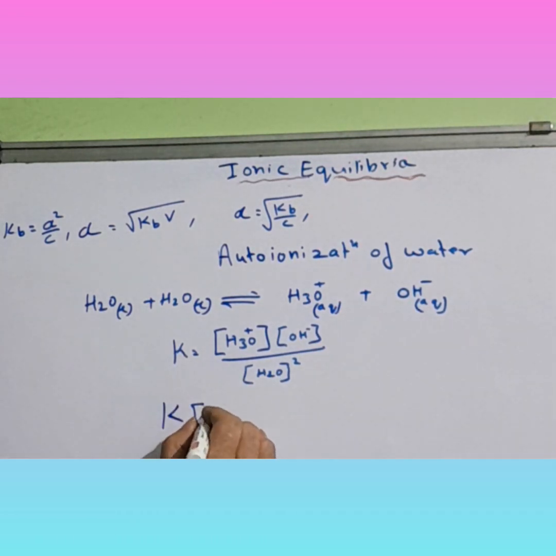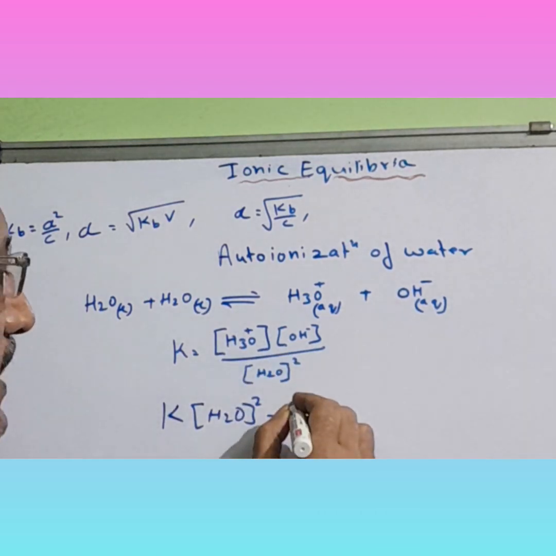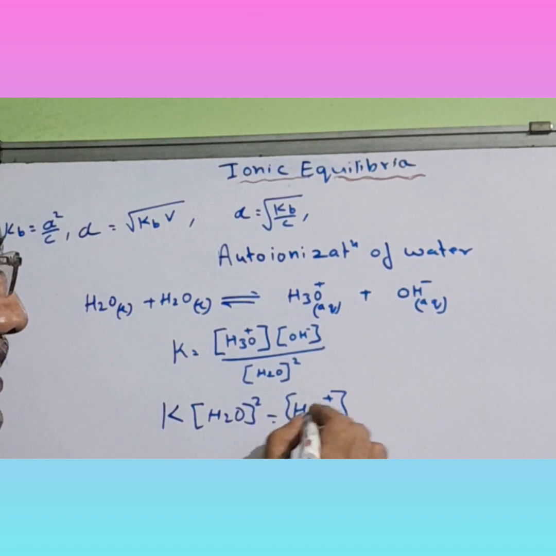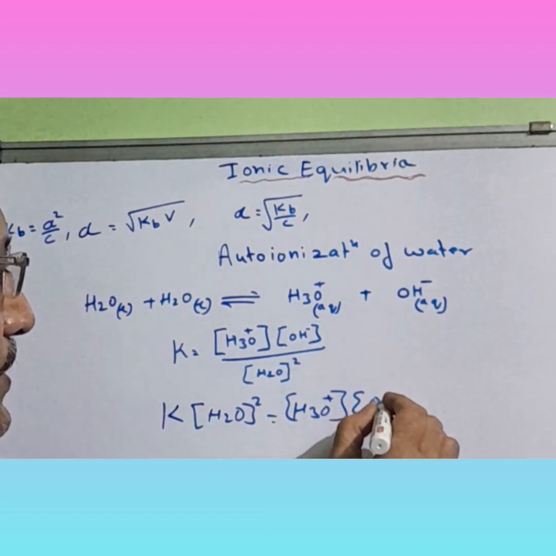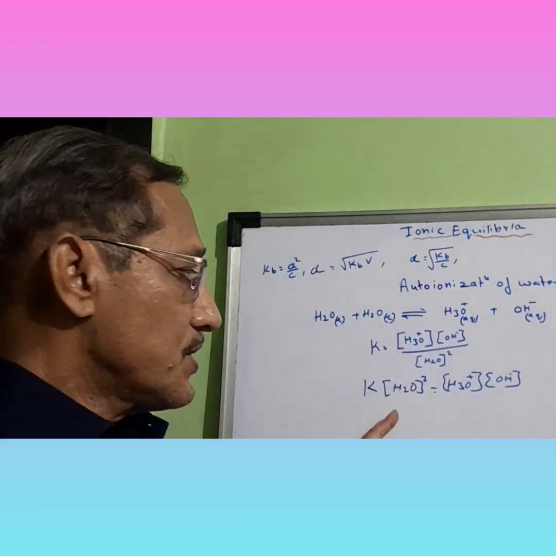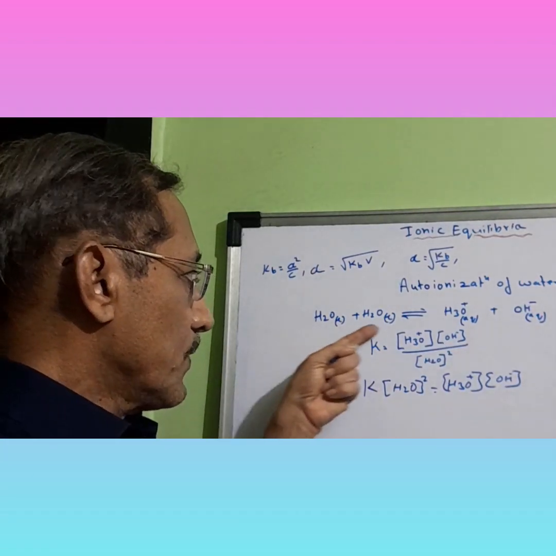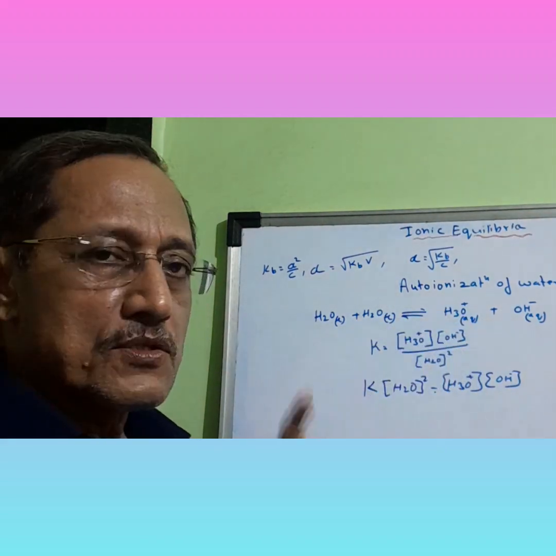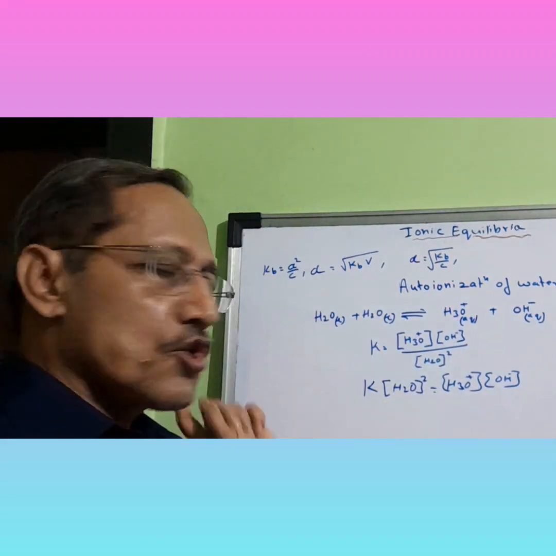Now K times H2O squared becomes equal to the H3O plus concentration times the concentration of OH minus. The concentration of water over here is pretty high, much higher in comparison to this, so we put it as constant.